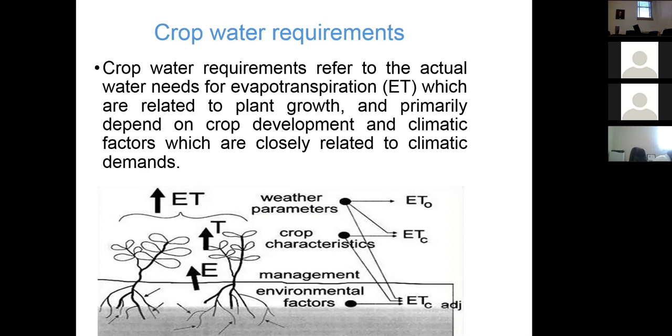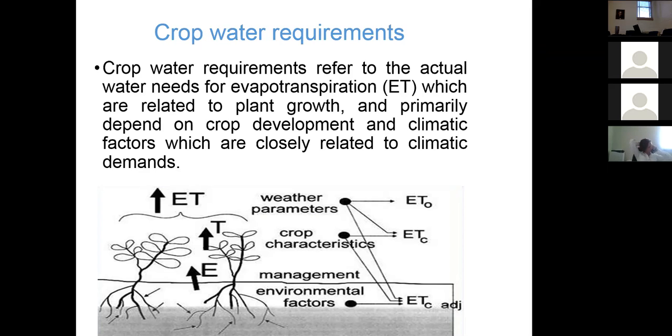For example, if we have high temperature and big leaves, we have high evapotranspiration. So the climate has an impact to increase or to reduce the evapotranspiration.